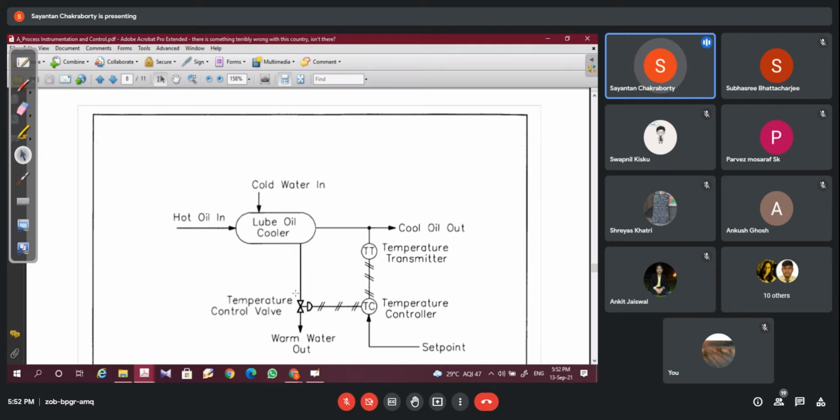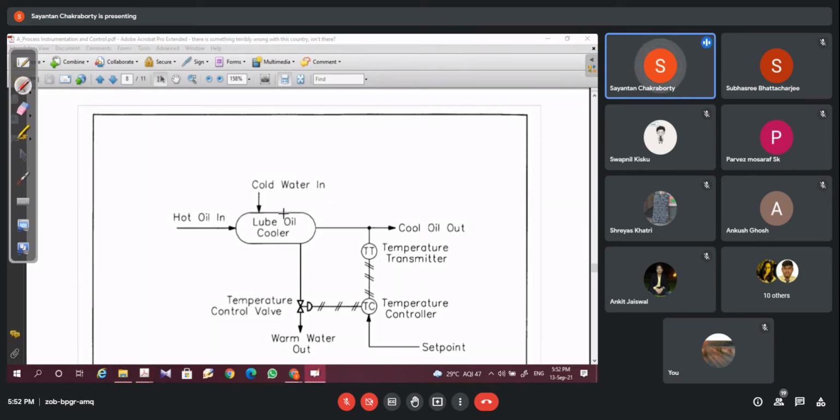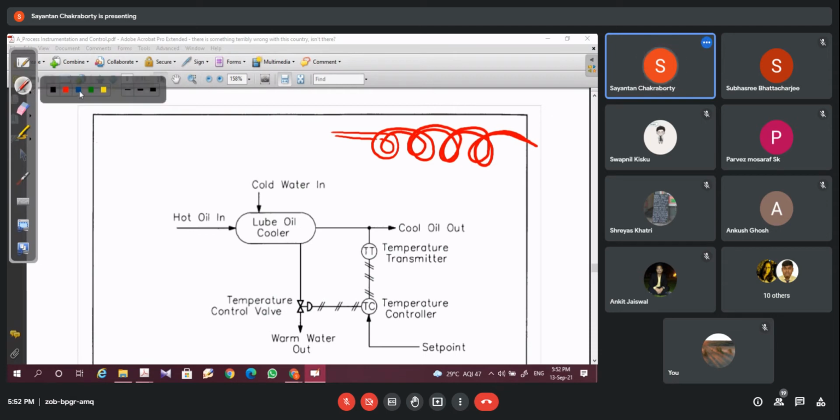Now, what is the arrangement that you normally follow? See, this is your lubricating oil cooler. In this chamber, there is basically a tubular path through which the lubricating oil flows. Pardon me for my drawing. This is basically a chamber through which it's flowing, and this is enclosed by this chamber.